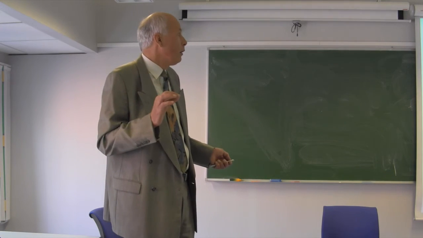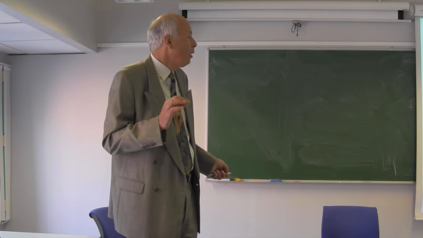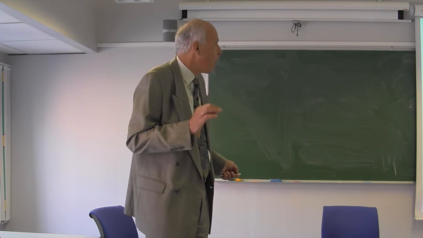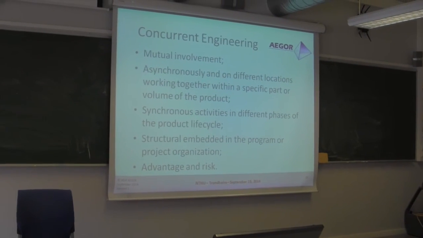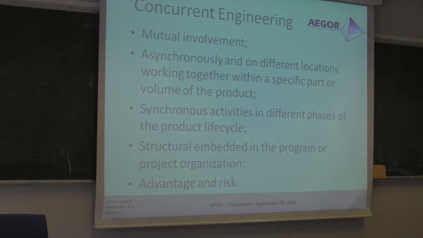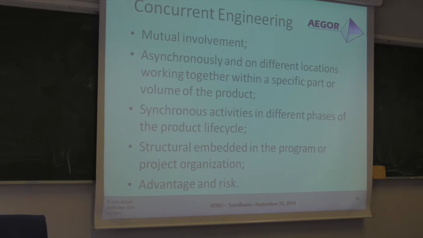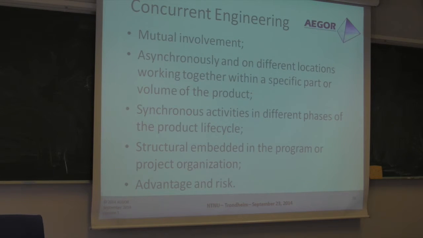So that's why I say the following: concurrent engineering means it's structurally embedded in the program or the project. And to go back to the earlier example, what happened to get this tool already done?